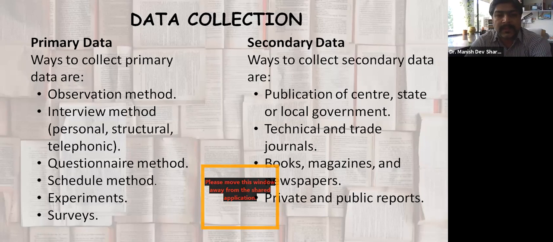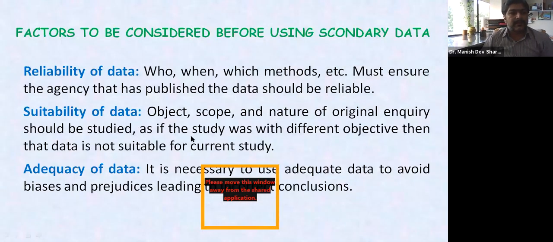It could be technical or trade journals, a book, magazine, or newspaper, or public reports and private reports. Those are available physically or online. We can use those reports. Those are validated by the particular agencies or local, central, or state governments. So simply using that data in our research is basically secondary data.